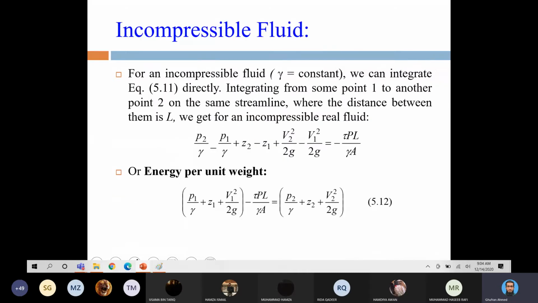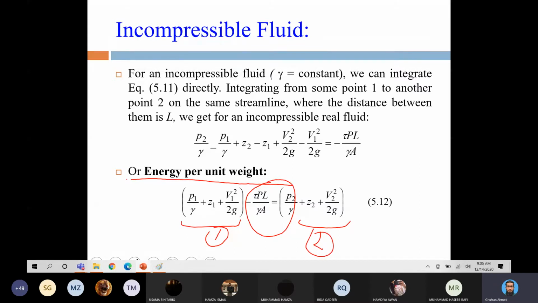So finally, if you find the energy per unit weight, then you can see that this is an additional term. This is constant. So this is at section 1 and this is at section 2.